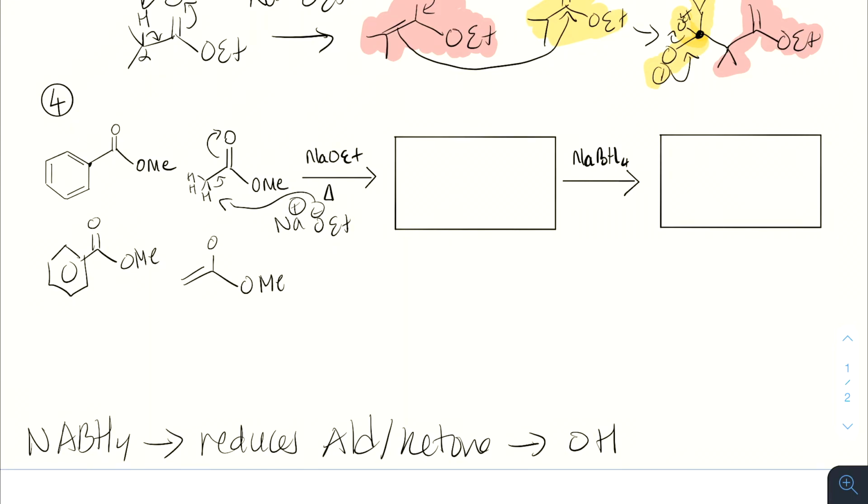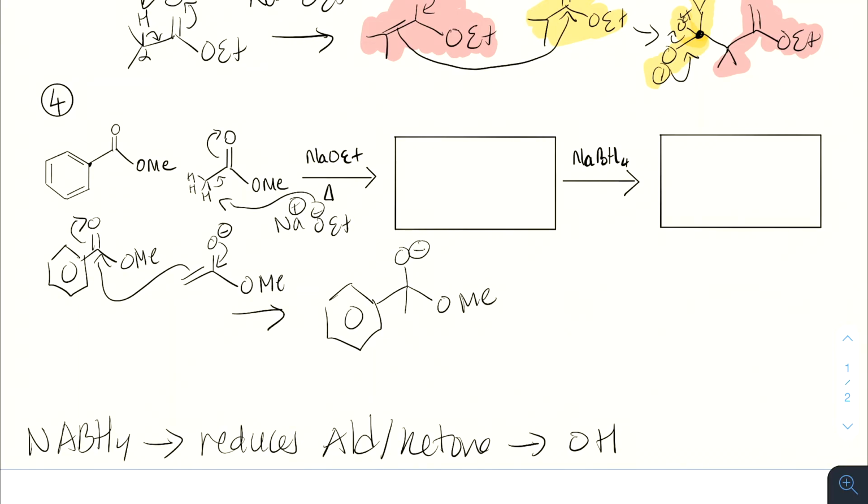Okay, so the next thing that happens is the electrons from oxygen are going to pull down to form a carbonyl again. And this is going to act as a nucleophile to attack the electrophile. And then we have the added group here.